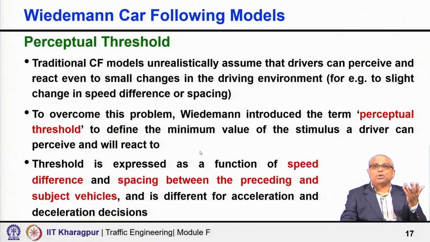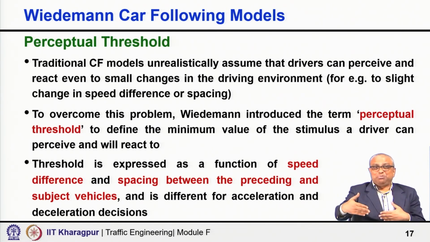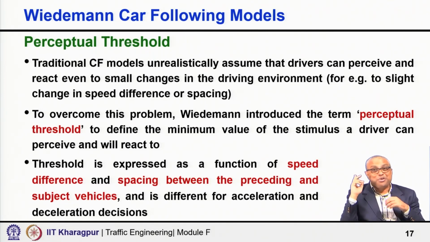So, to overcome this problem, Wiedemann introduced the term perceptual threshold to define the minimum value of the stimulus a driver can perceive and will react to, bringing in that concept of threshold. Now, obviously and very logically, this threshold is a function of speed difference and spacing between the preceding and subject vehicle, and is again different for acceleration and deceleration, because acceleration you do for a different reason, deceleration you do for a different reason.